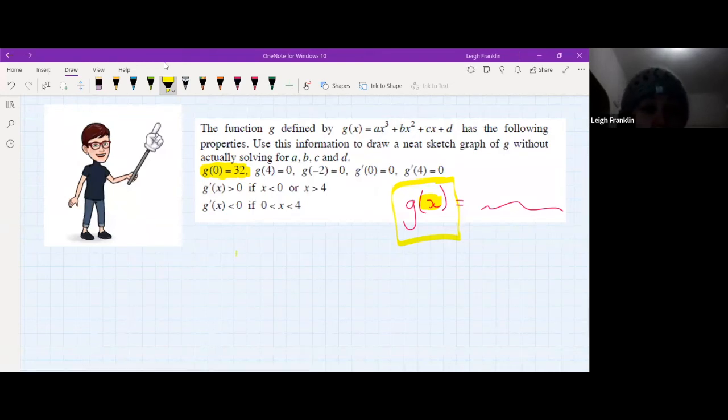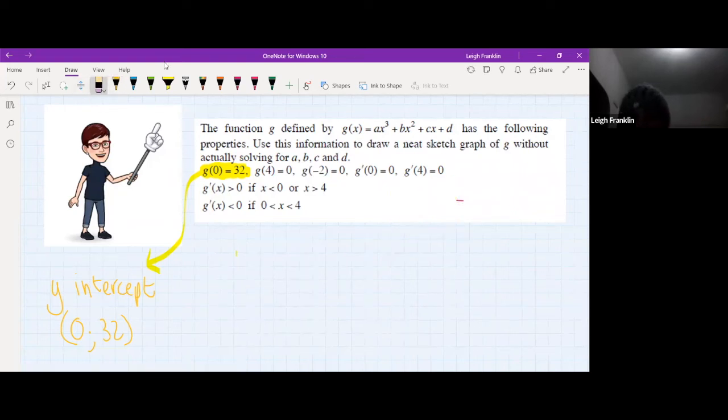Let's draw an arrow and come down here. This is the Y-intercept, because X is 0 when Y is 32. That's what it means. What letter, incidentally, does that represent in my original function?